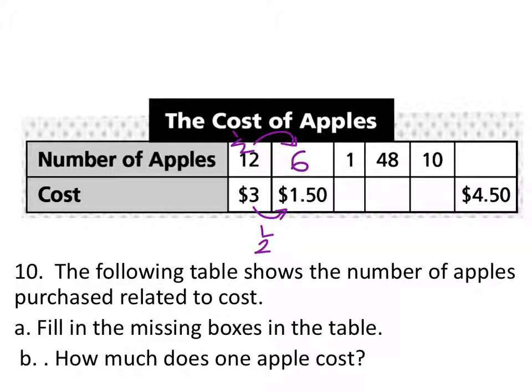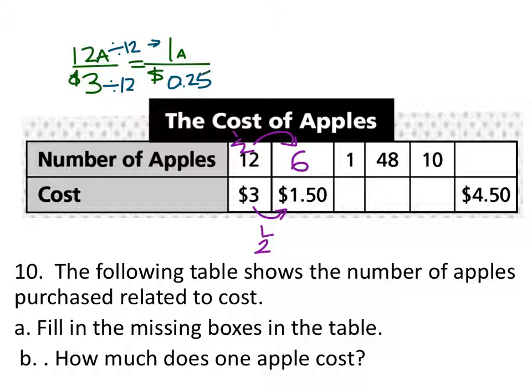So for one, I'm actually going to go back to the 12 for $3. So if I can get 12 apples for $3, then I want to know what the cost would be for 1 apple. So all I would need to do is divide the 12 by 12 to get the 1. So I'm going to take the $3 and divide it by 12, which will tell us how many dollars. 25 cents.